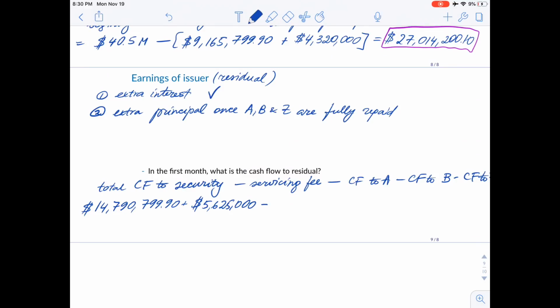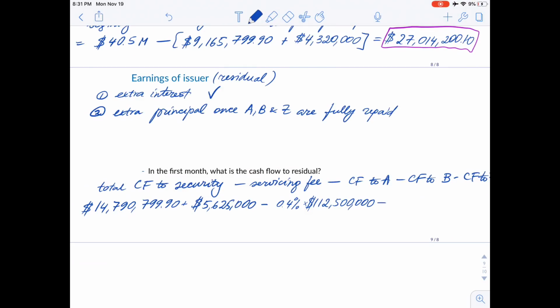Now, from the entire pool of mortgages, there's going to have to be a servicing fee that gets paid out. So the servicing fee is going to be 0.4% of the total pool balance, which was $112,500,000.